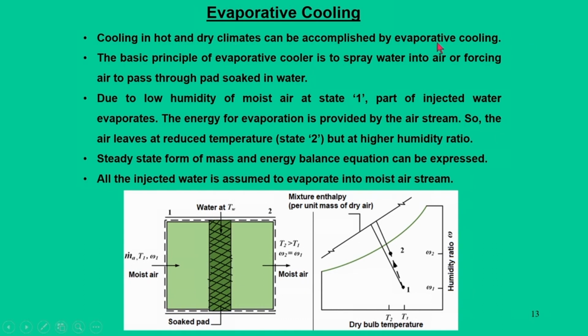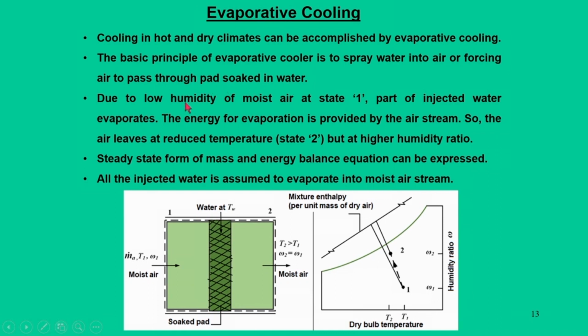The very basic principle of an evaporative cooler is to spray water. This is something like the cooler you use in household applications, an evaporative cooler, to spray water into the air or force air to pass through a pad soaked in water.